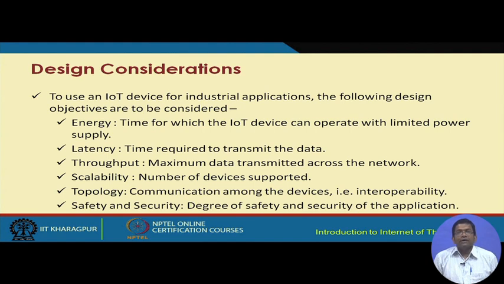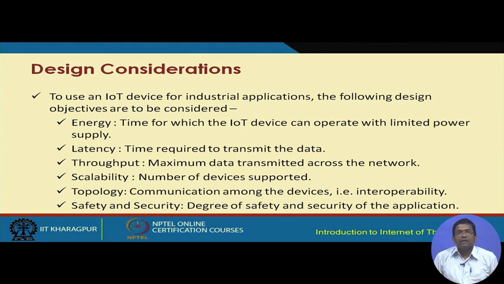Topology: ultimately, these sensors and these communication devices are going to be internetworked. So, what we are going to have is a network topology, and in this particular network topology we have different devices with different specifications, manufactured individually by different vendors.